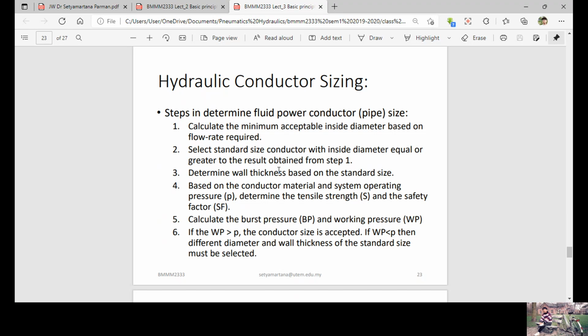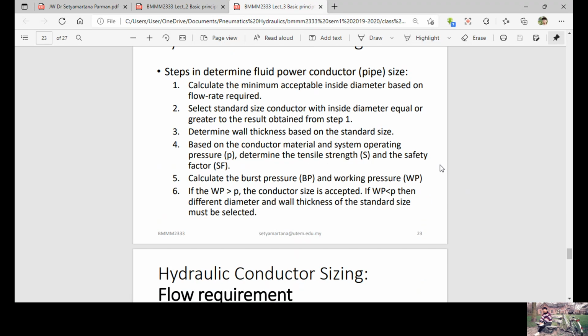And then determine the wall thickness based on the standard size. Based on the conductor material and system operating pressure, determine the tensile strength S and safety factor. And then calculate the burst pressure BP and working pressure WP.